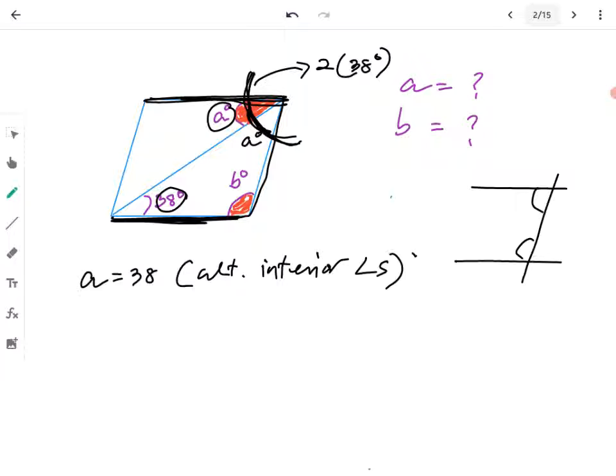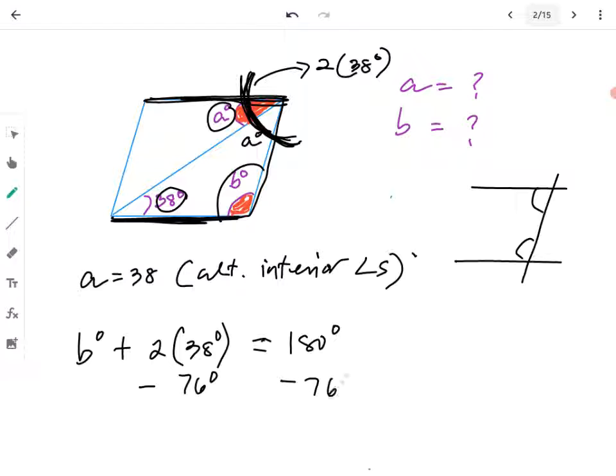So if you add this angle here and B, those are supplementary angles, meaning when we add them, they are 180 degrees. So we say B plus 2 times 38 degrees, because there are two 38s bisected by the blue diagonal line, is 180 degrees. So simply subtract the 2 times 38, which is 76.